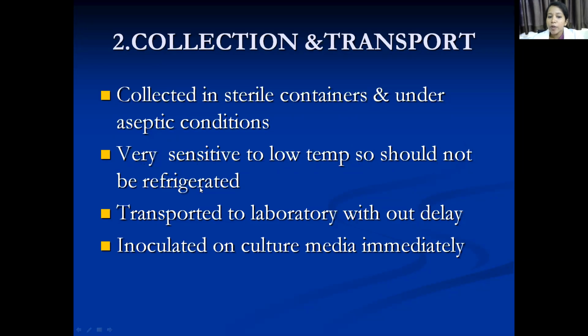So it should not be refrigerated. If the sample is kept in the refrigerator, it will die. It should be transported to the lab without any delay, and inoculated on culture media immediately because they are very delicate.